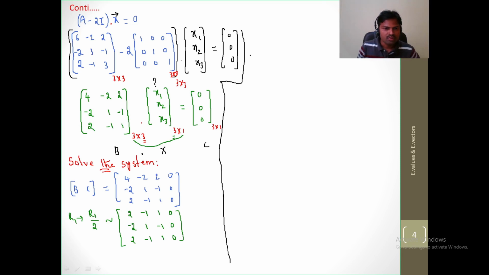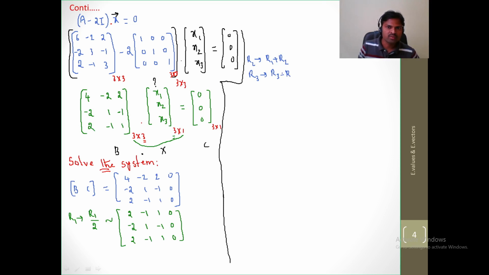Now let us modify the second and third rows. R2 is modified as a combination of the first row and second row so that A21 becomes 0. And similarly for the third row, R3 minus R2? I should not use R2 because R2 is already a modified row.